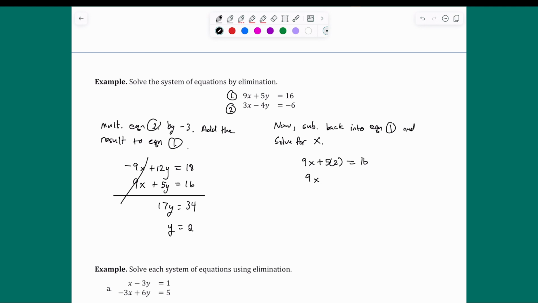So now we have 9x plus 10 equals 16. Subtract 10 on both sides to get 9x equals 6. Divide both sides by 9, we get 6 over 9, or reducing that fraction, we get 2/3. Okay, so that means the ordered pair 2/3, 2 is a solution.